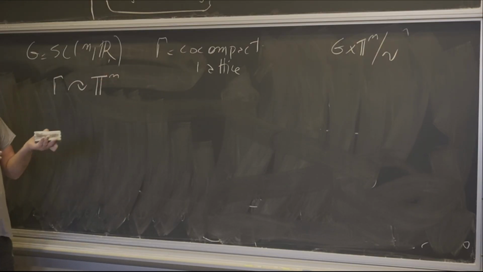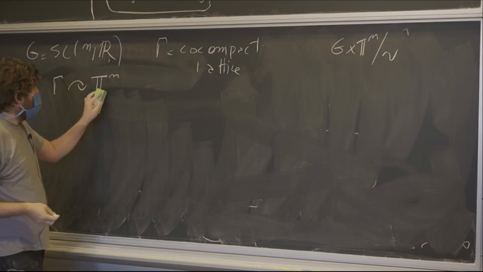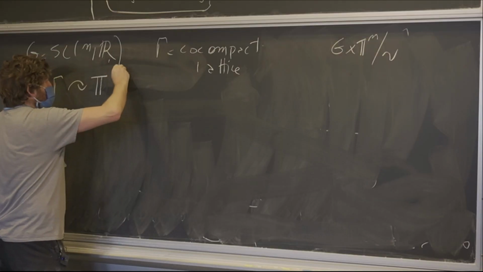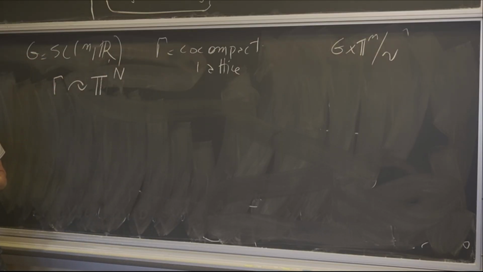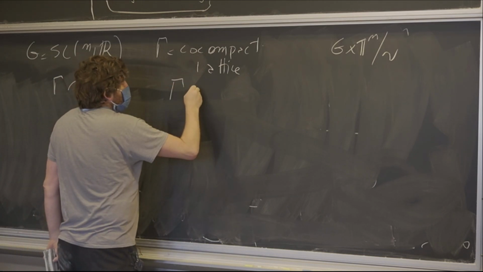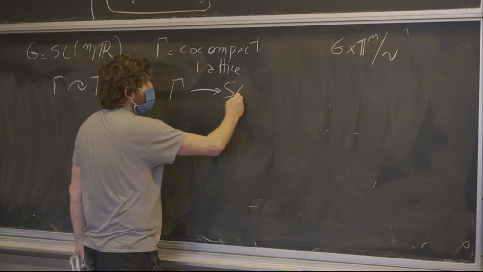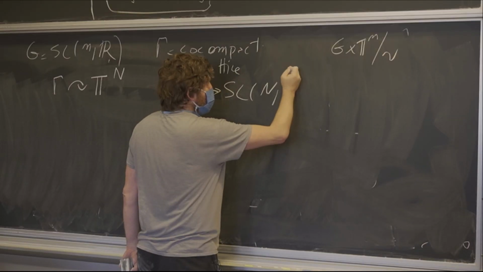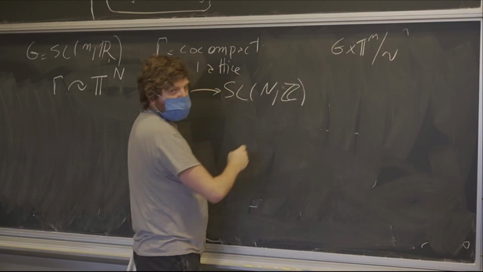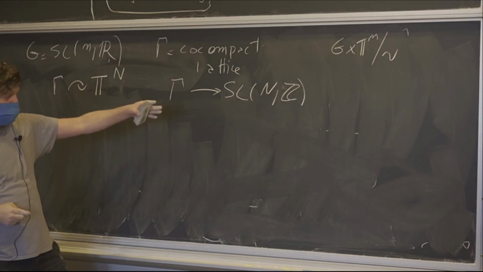First, gamma naturally will not act on T^n. You can still have gamma acting on some T^N for another large N. So you send gamma inside SL_N(Z), and once you do that, that can be done.